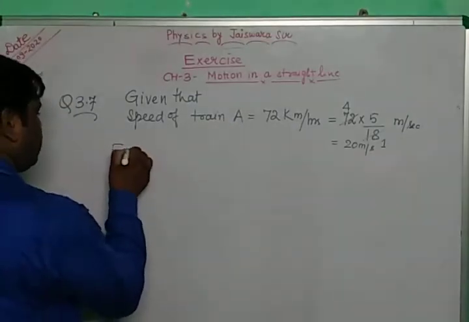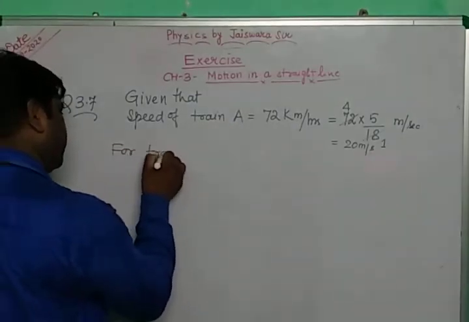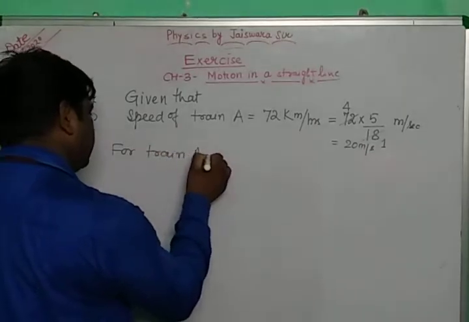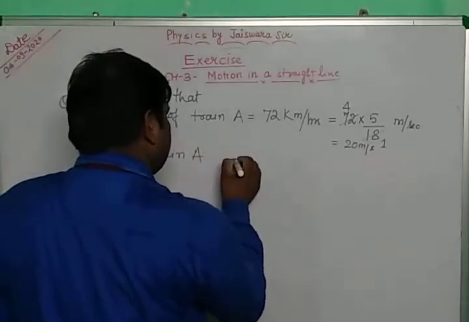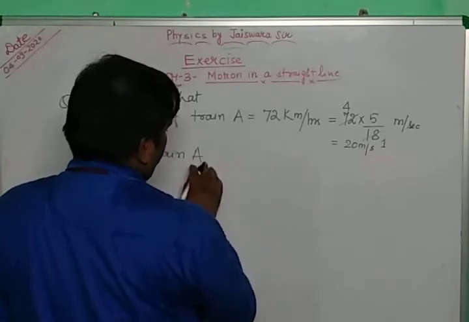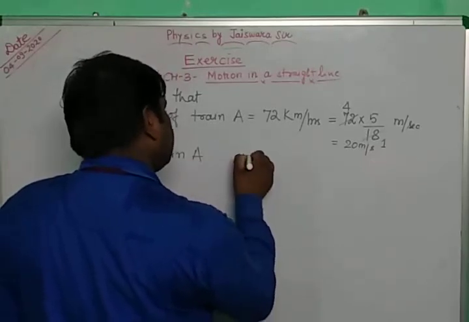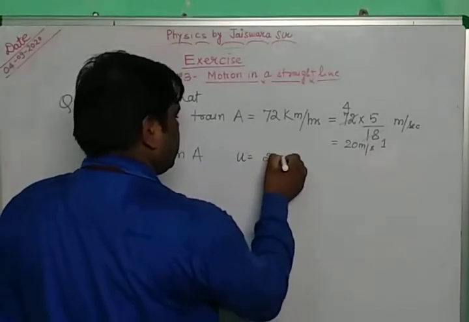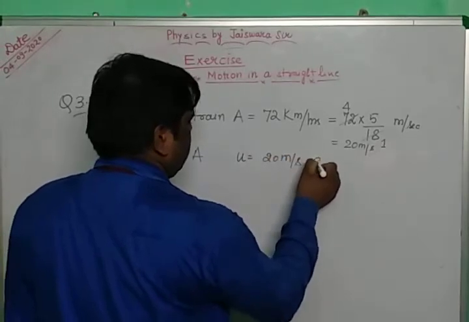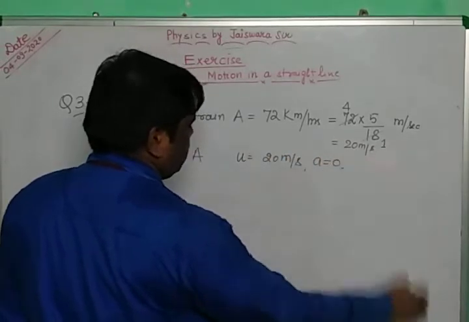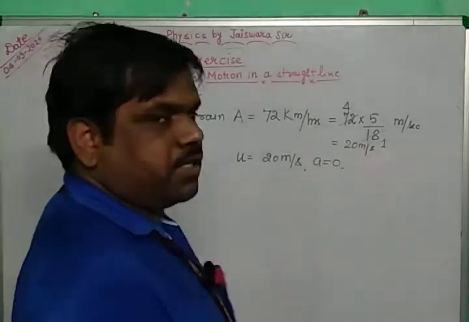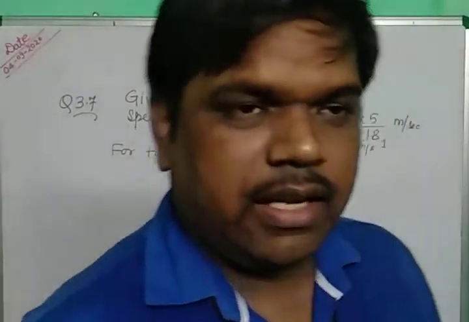For train A, the initial speed is 20 meter per second. Acceleration is 0. There is no acceleration of train A.